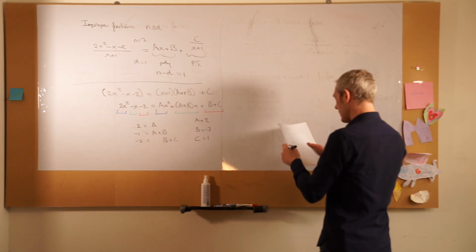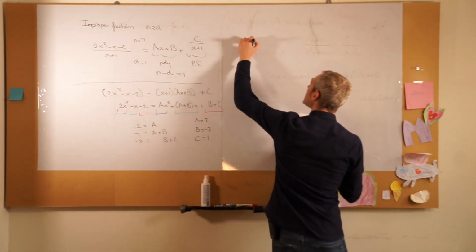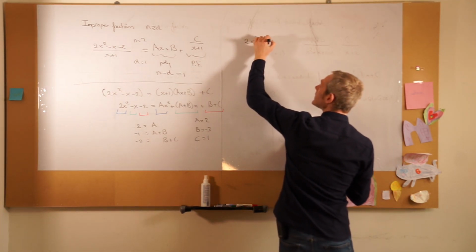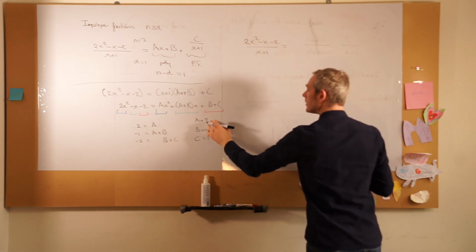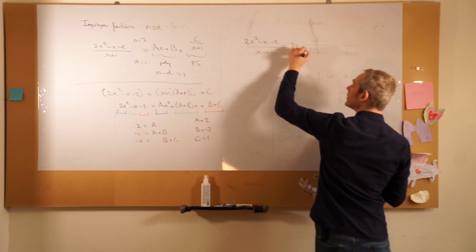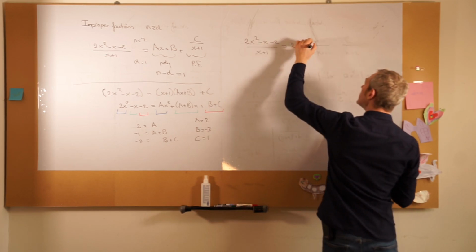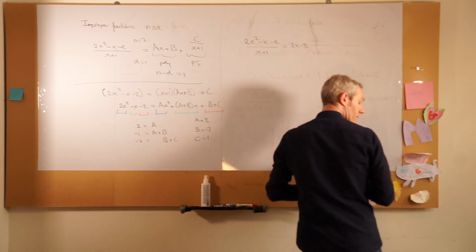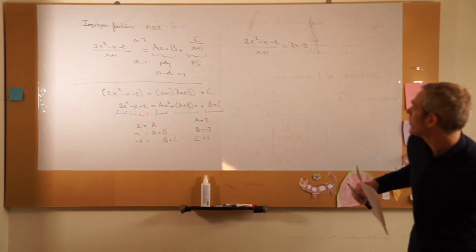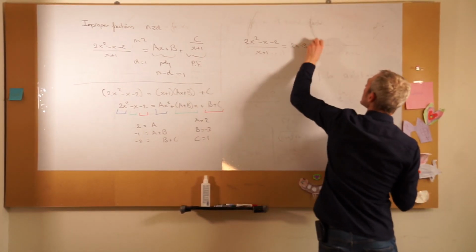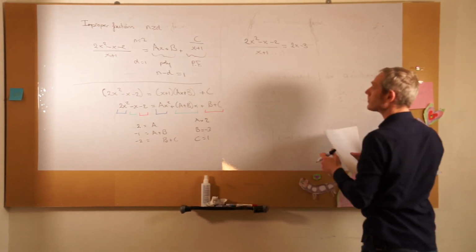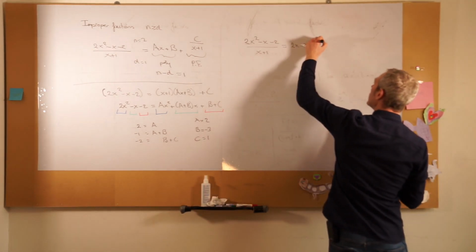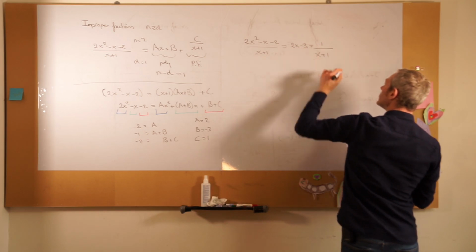And so we can write 2x squared minus x minus 2 over x plus 1 as 2x minus 3 plus 1 over x plus 1.